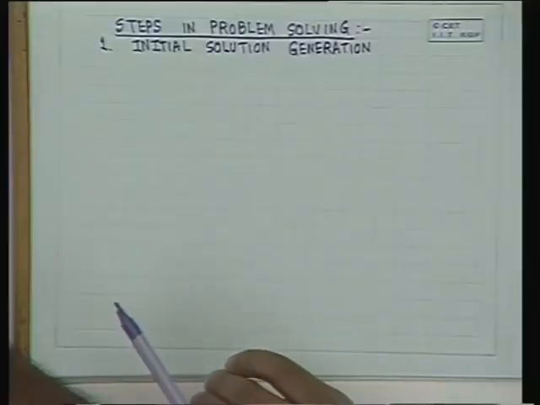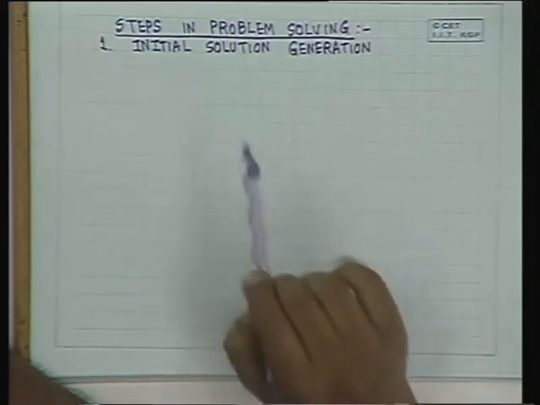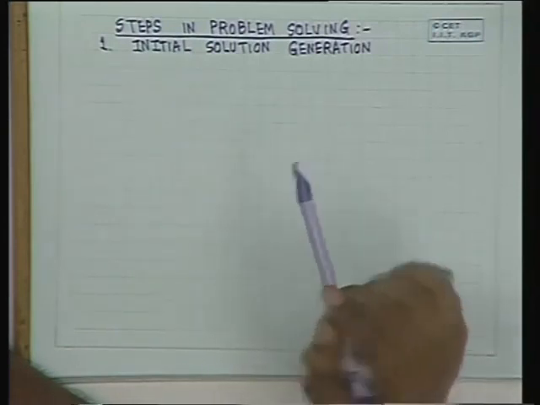There are no hard and fast rules. These guidelines can be broken to obtain better solutions in some problems. But these are the general techniques which can be used to obtain solutions to a large number of problems. The first is initial solution generation. That is, you have to try and solve the problem which has been posed to you in some form.